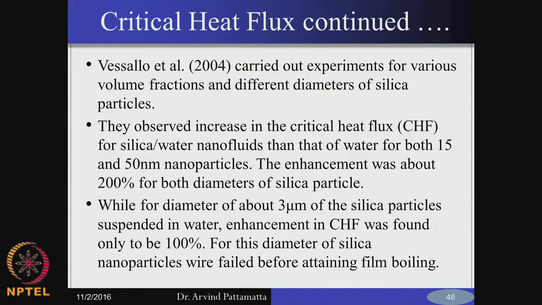So, from a cooling point of view, this is a very important aspect of nanofluids. So, in the case of pool boiling, you see that the critical heat flux is augmented to very large values, sometimes it is of the order of 200%, sometimes it is of the order of 100%.